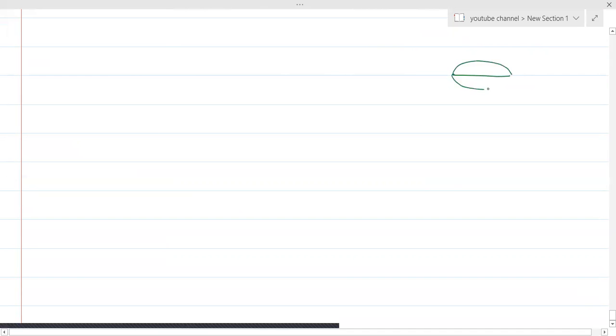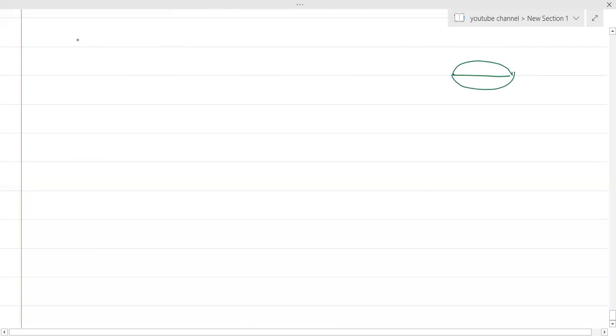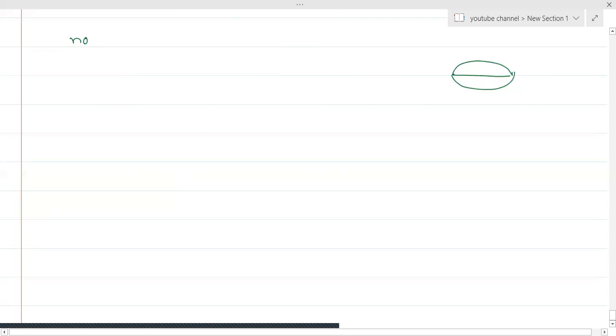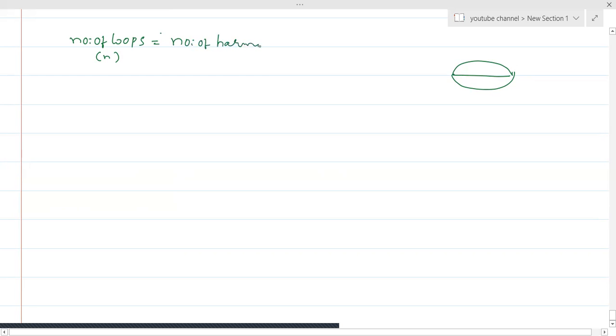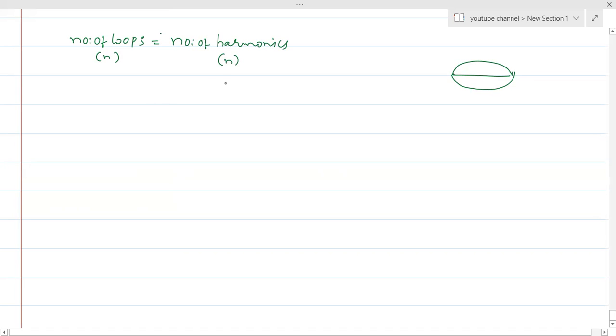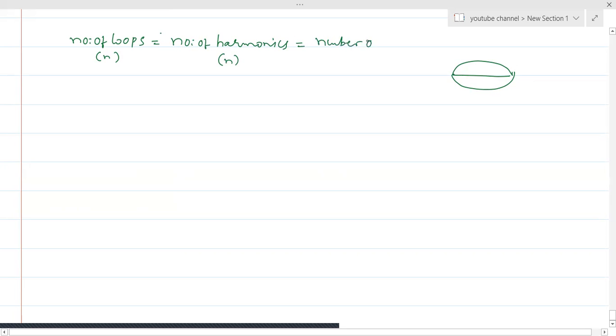And you need to understand that when we think of a loop, if the number of loops is n, then that is equivalent to the number of harmonics. Just now we have studied that from one harmonic to the next harmonic, only one loop increases. The number of harmonics is equal to the number of loops, and that is equal to the number of antinodes also.